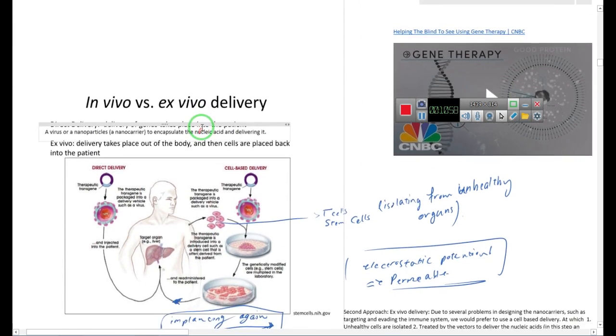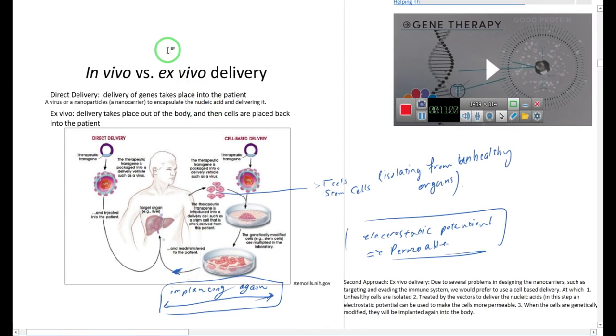Well, there are two different main ways in order to deliver the nucleic acids into the cells. One is the direct delivery, in which we design a nanocarrier.